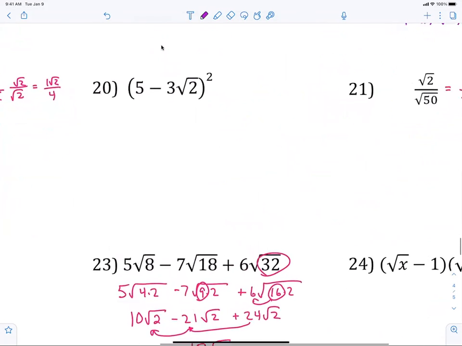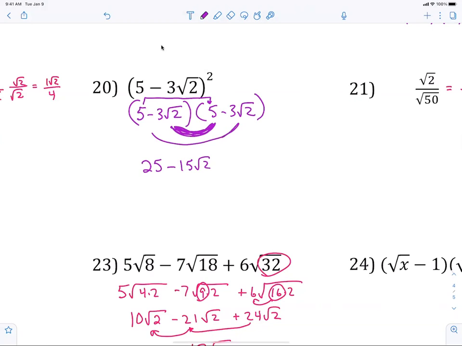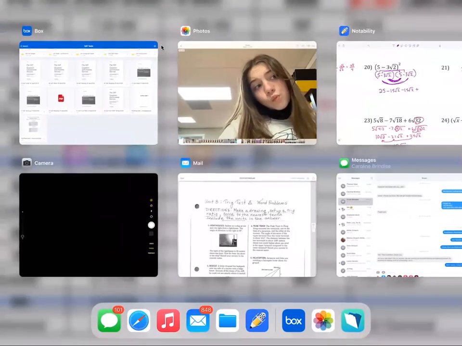All right, now number 20. You have to write it twice. 5 minus 3 radical 2. 5 minus 3 radical 2. So 5 times 5 is what? 25. First smiley face is how much? Yes, negative 15 radical 2. Second smiley face, negative 15 radical 2. And now the hard part. Negative times a negative is a positive, so 3 times 3 is 9.